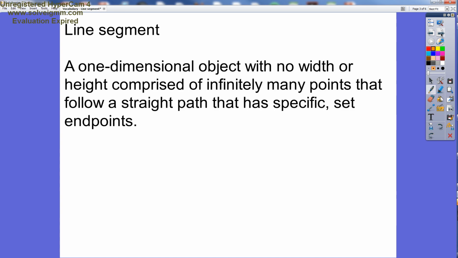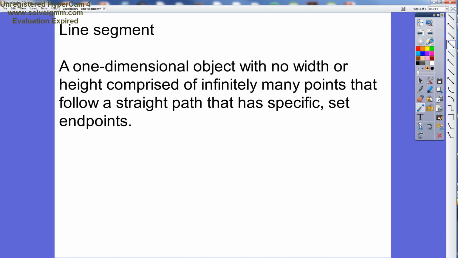So today we're talking about a line segment, and basically the only difference between a line and a line segment is that a line goes on forever and a line segment specifically doesn't. So when we talk about a line, let's get a line there.